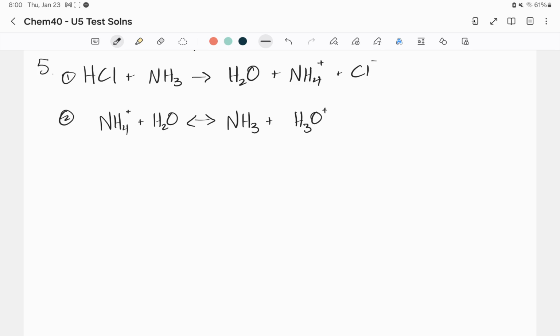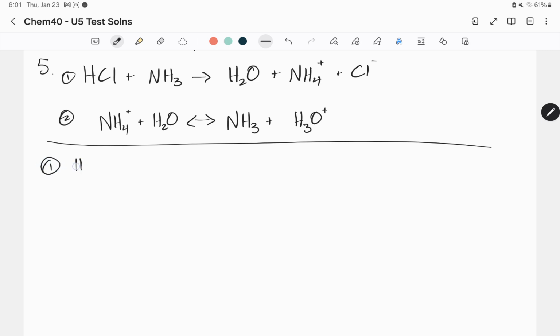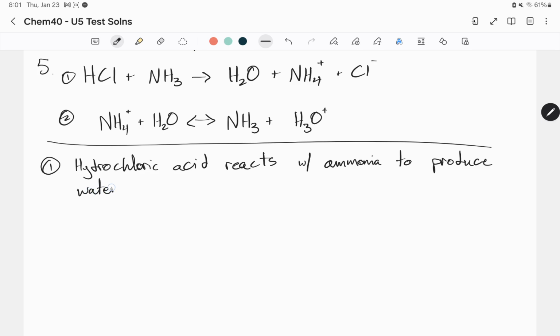So I broke this down into dealing with the first equation first. Hydrochloric acid reacts with ammonia to produce water and ammonium and a chloride ion.